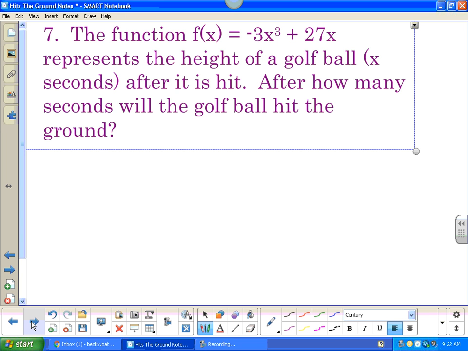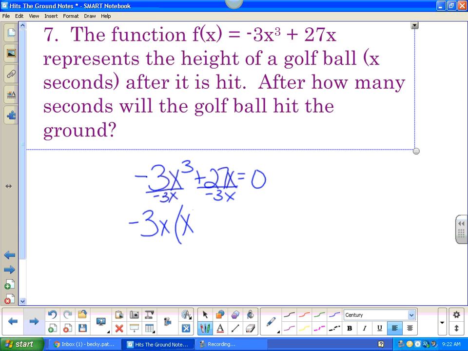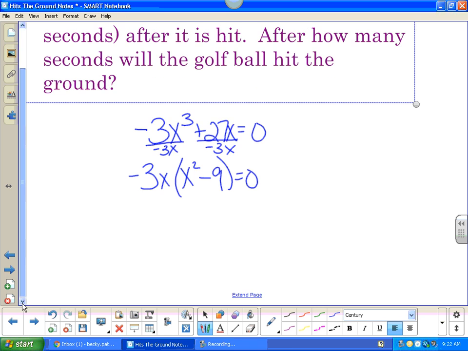Okay, that function represents the height of a golf ball after it's hit. After how many seconds will the golf ball hit the ground? Okay, so I'm going to set them equal to 0 because it's hitting the ground. Take a -3 and an x. So x squared minus 9. These are squares.